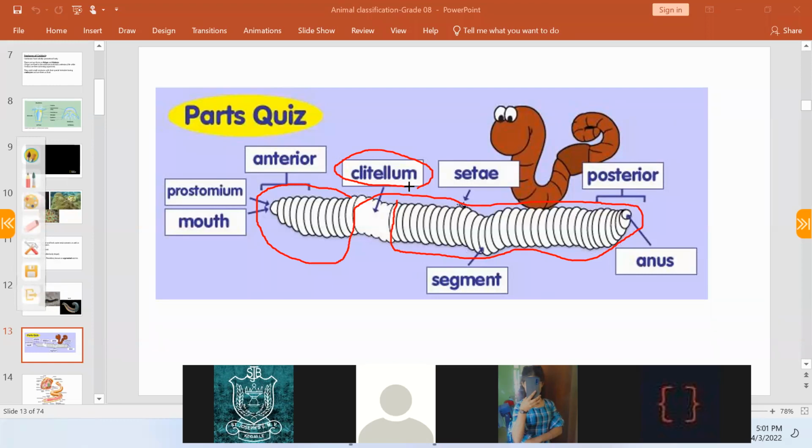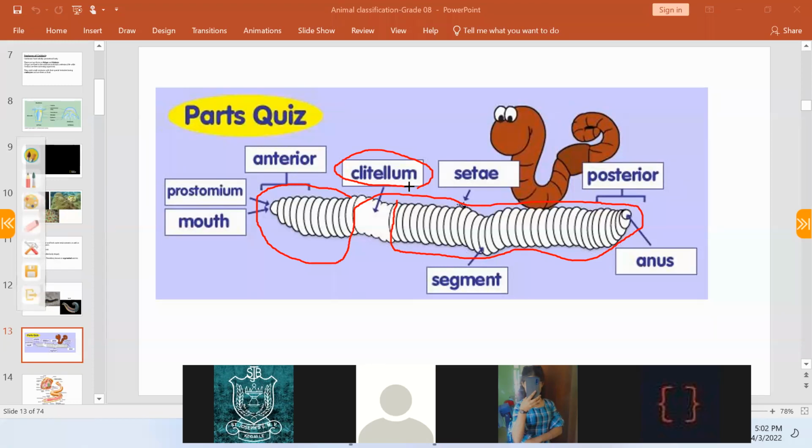We are unisexual animals. Males have male reproductive system, females have female reproductive system. But in annelids, in these worms, they have both male and female reproductive parts in the same body.